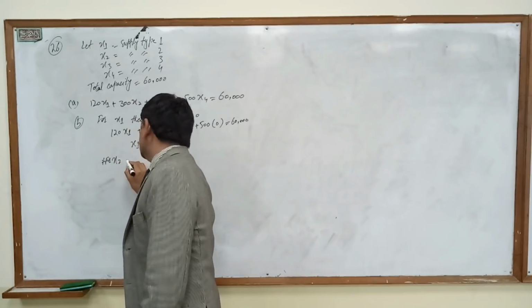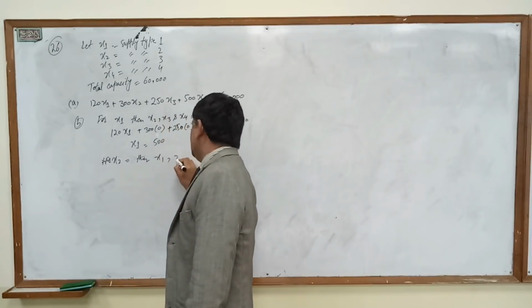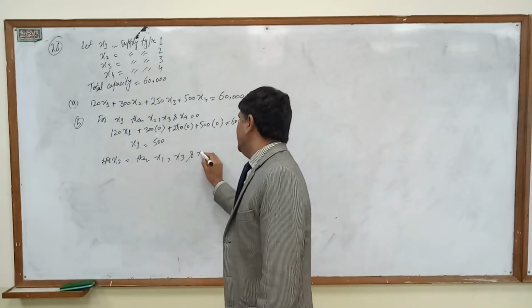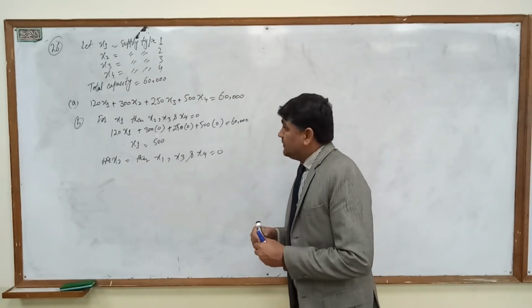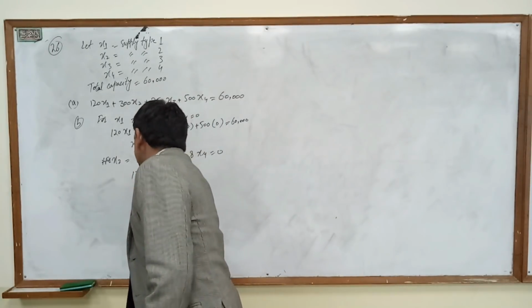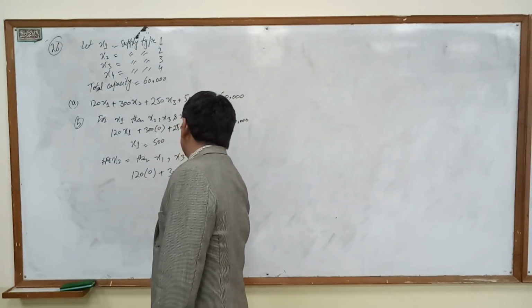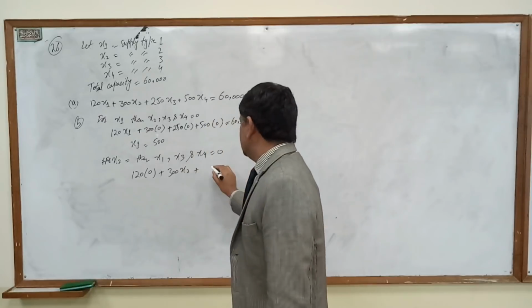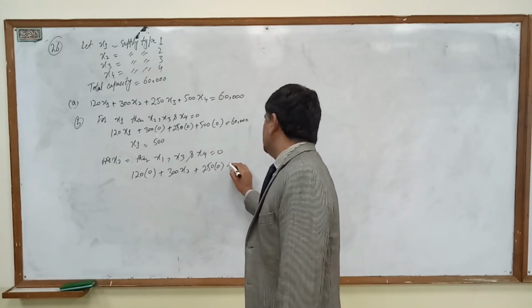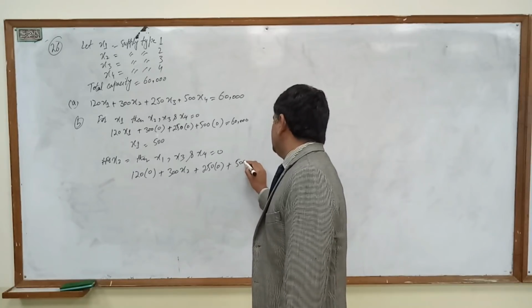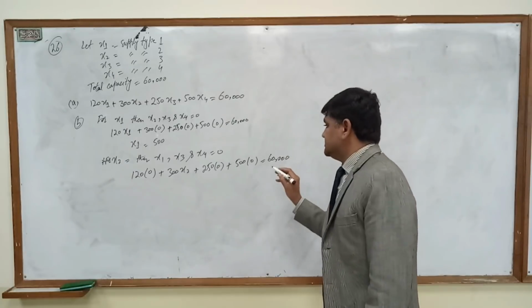What about x2? Then x1, x3 and x4 are equal to 0. So 120 into 0 plus 300 x2 plus 250 into 0 plus 500 into 0 is equal to 60,000.